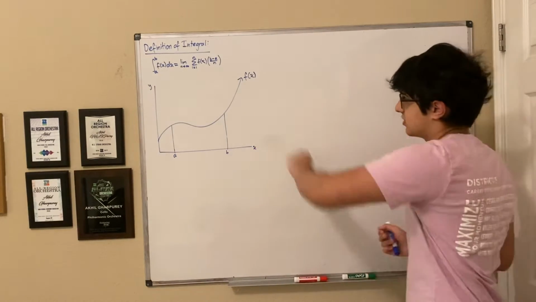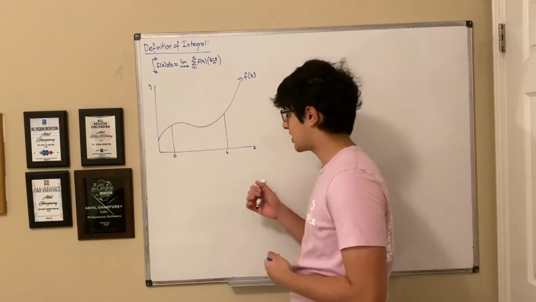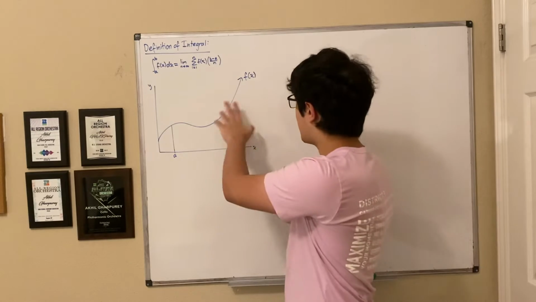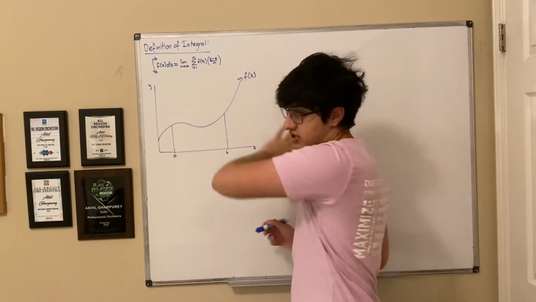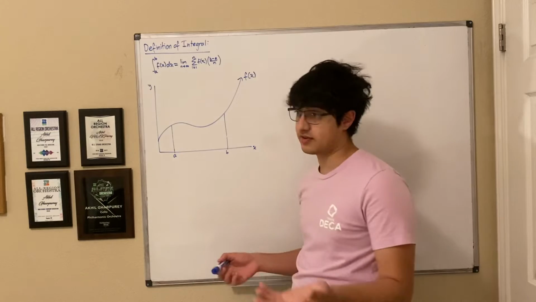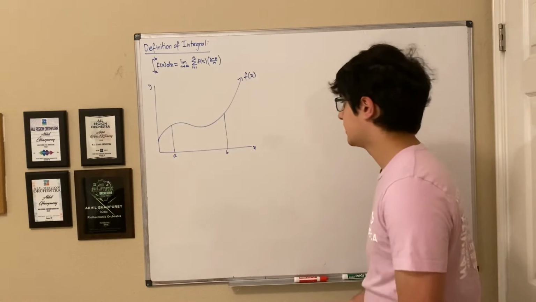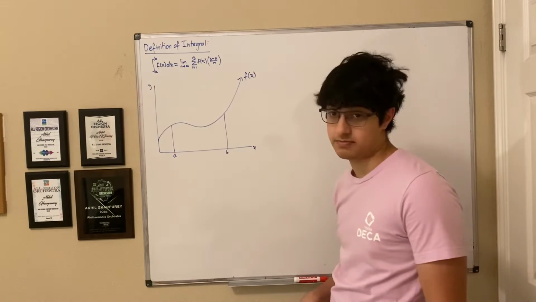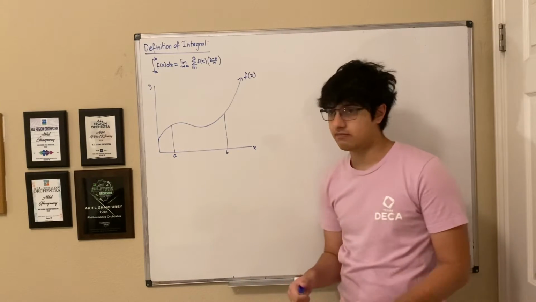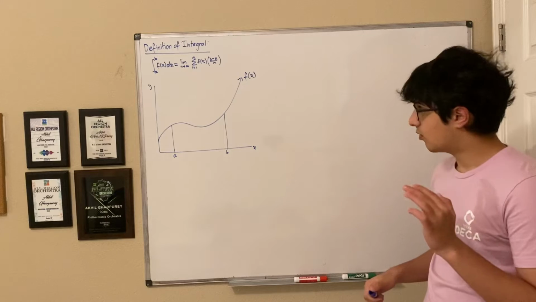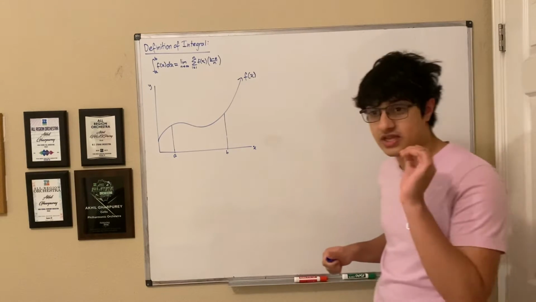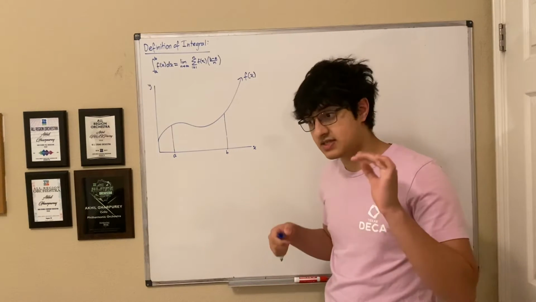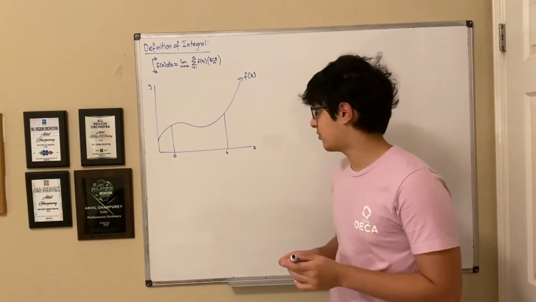So let's take a look at this graph of f of x here. As you can see, we have the graph y is equal to f of x. This is just a continuous function from 0 to infinity. And we have bounded values of a and b for x. So we can say that the integral represents the area under the curve. Now, what do we mean by that?